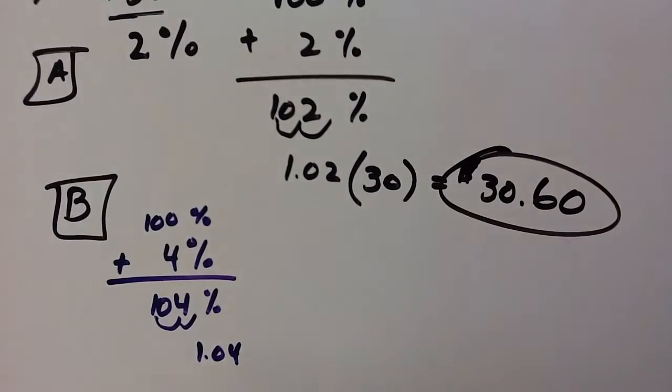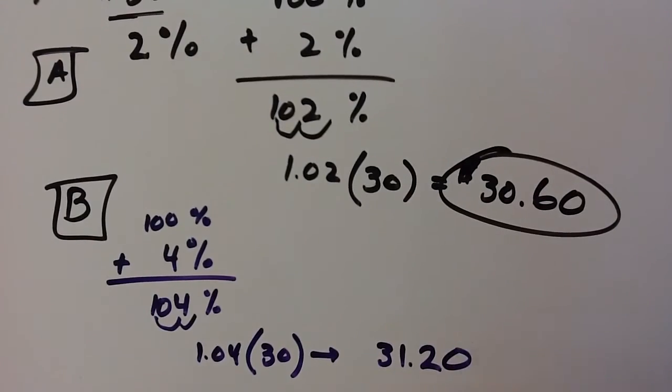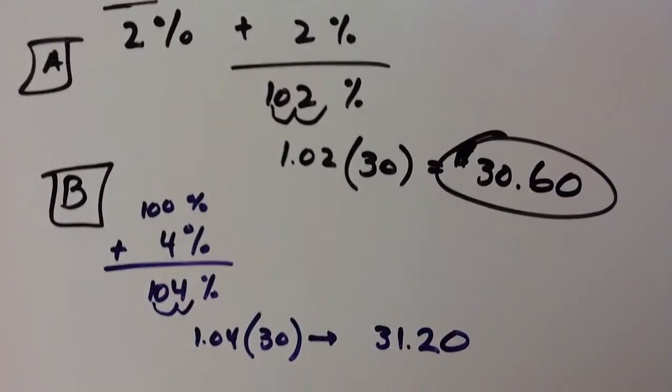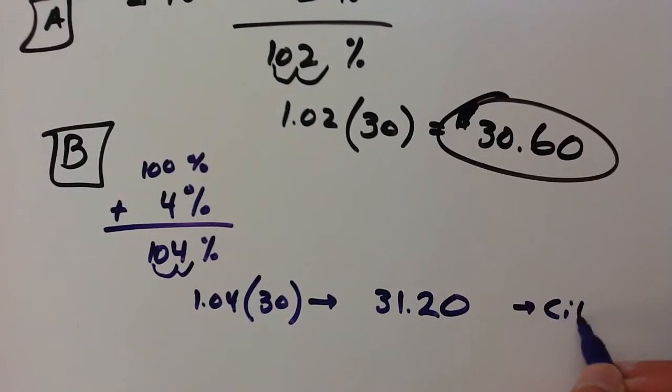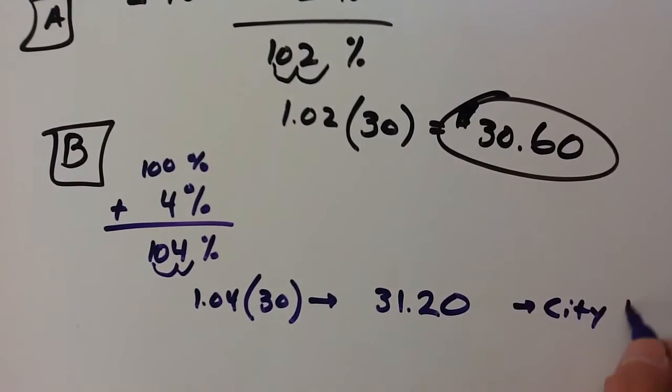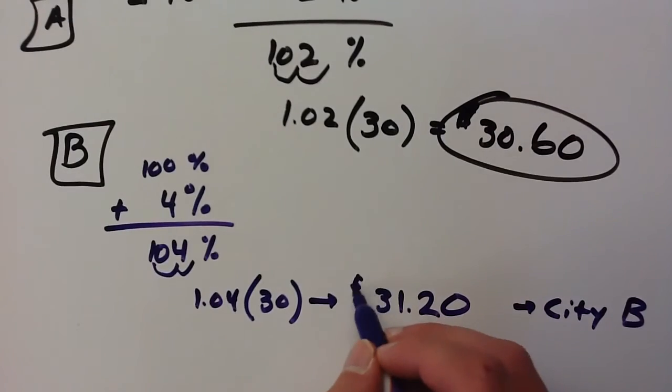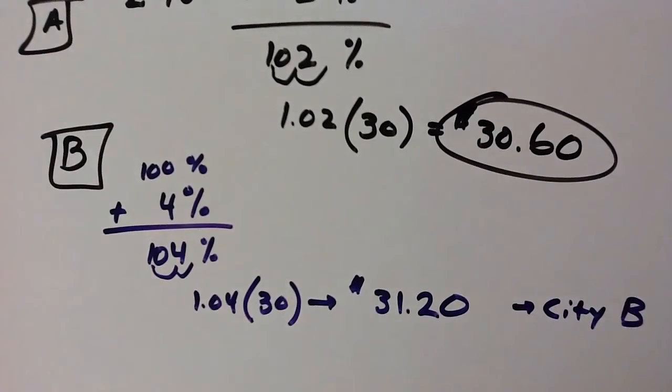So 104% in decimal form is 1.04, and you're multiplying that by the original cost because you want 104% of the original cost. Once you put this into your calculator, you get 31.2, which is $31.20. Okay, this is city B. That was city B, $31.20 in city B.